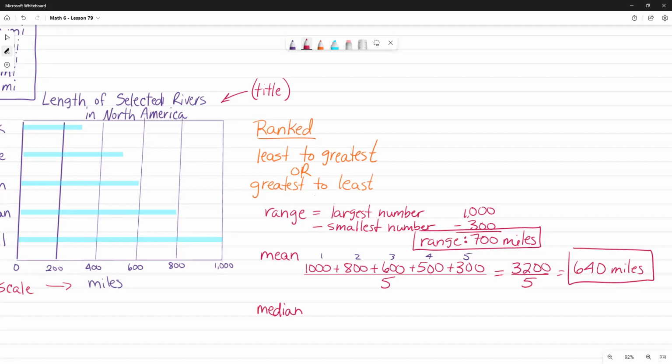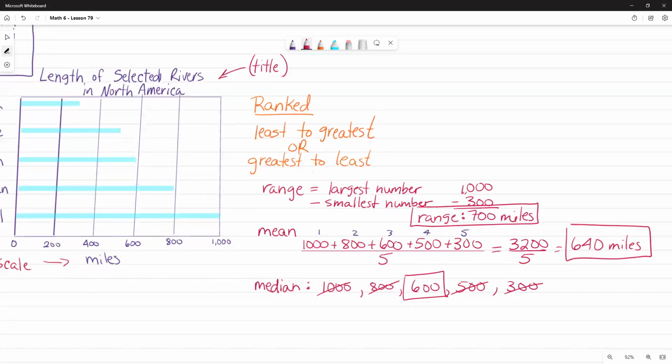The median looks at the middle number. So if we have them in numerical order, which they already gave it to us, 1,000, 800, 600, 500, 300. So when I do this, like across the first and the last, across through the second and the next to last, and then I see that the very middle number is 600.